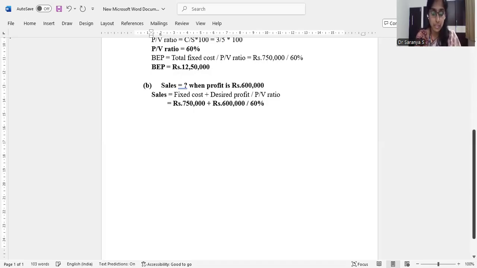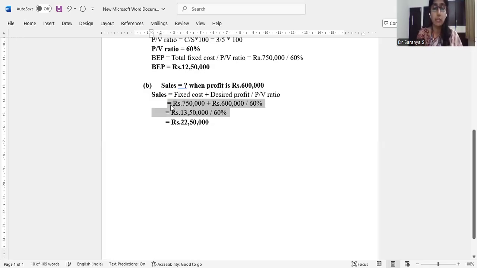So 7 lakh 50,000 plus 6 lakh is 13 lakh 50,000, divided by 60%. The answer, the sales amount, will be rupees 22 lakh 50,000.